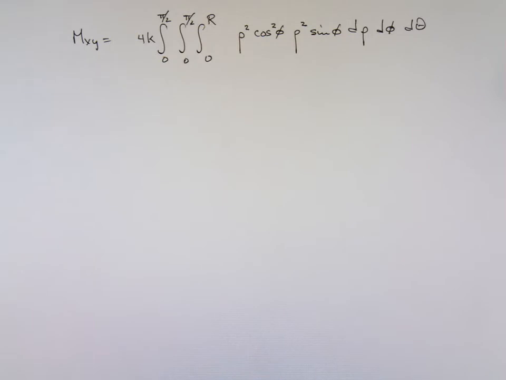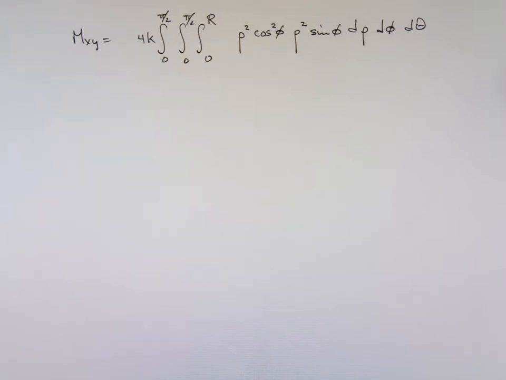But if you had a kz squared, then you'd have to do the moment about the xy plane. We only need one moment in this one because the other ones are 0. That wouldn't be the case if we had a different density function. If we had a density function of kxy squared z cubed, we would have to do those other ones, because that center of mass would not necessarily be on the z-axis.